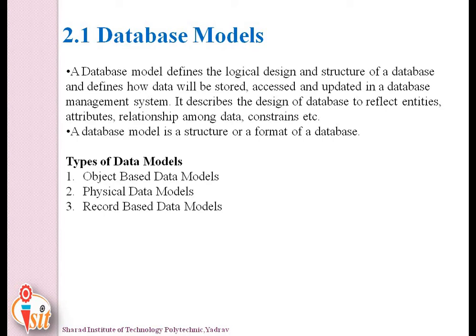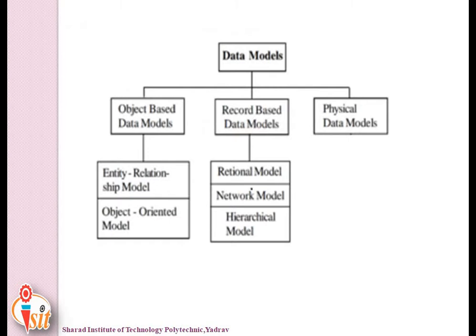In this session, we will just see a basic overview of types of models. The three types of database models are object-based data model, physical data model, and record-based data model. Here you can see the hierarchical structure of data models. Data models are categorized into three types: first, object-based data model, record-based data model, and physical data model.